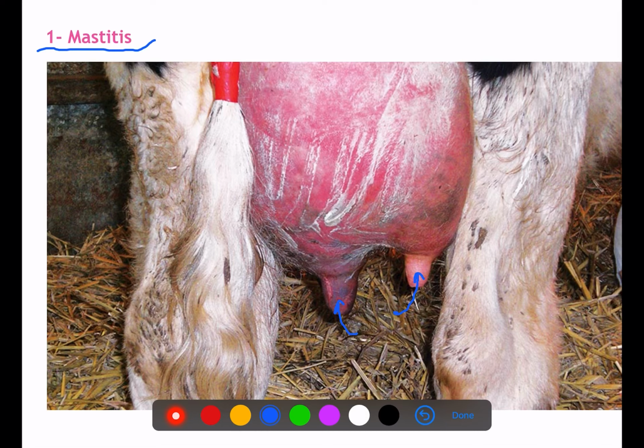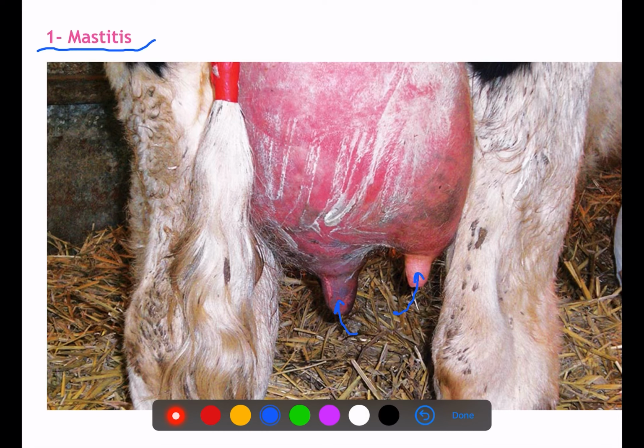Also, the hematogenous route can cause it, like tuberculosis and brucellosis, which cause systemic infection and mastitis within the teats. Bovine mastitis, as we say, is a major problem in the dairy industry.